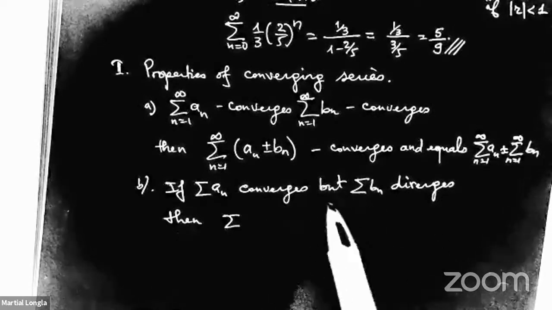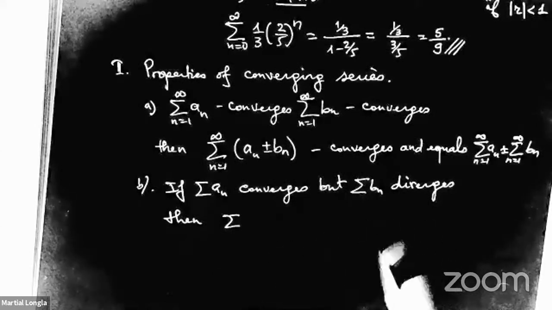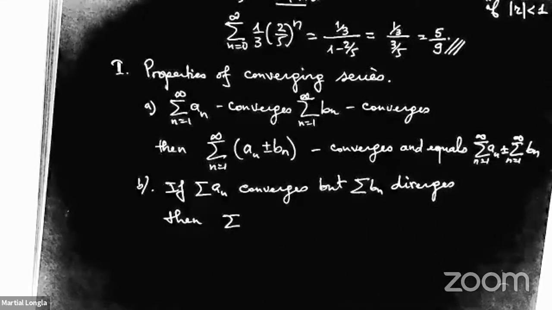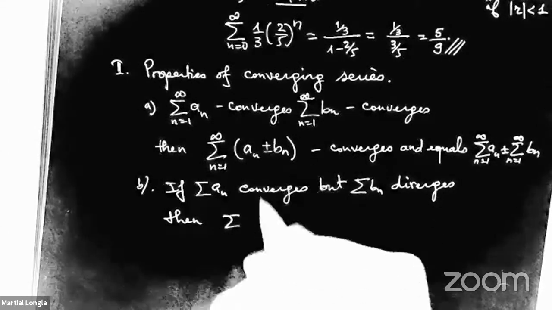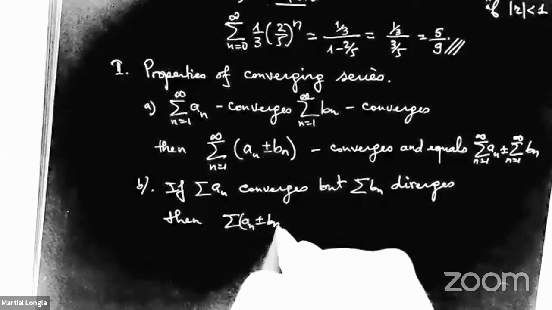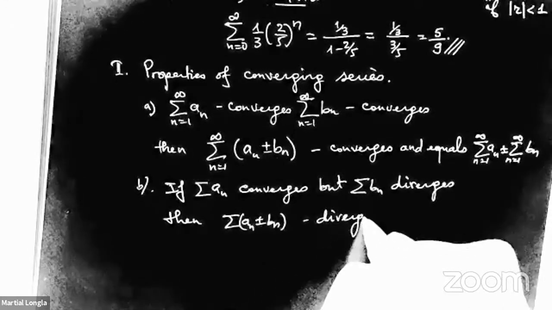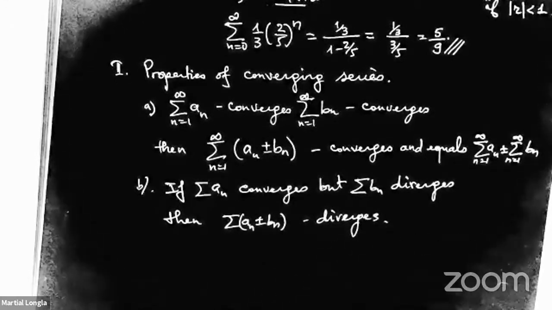So it doesn't matter whether it starts at 1 or 2 or 0 or 3. These properties are always going to work. So then the sum of an plus or minus bn, this is going to diverge. If one of them is divergent, then the sum is going to diverge, right?